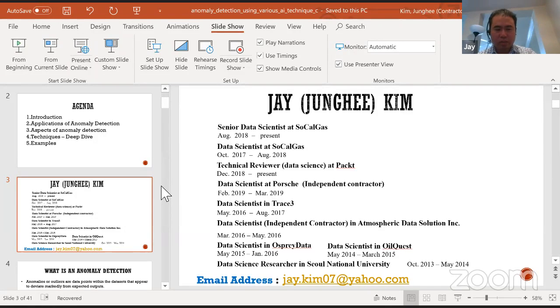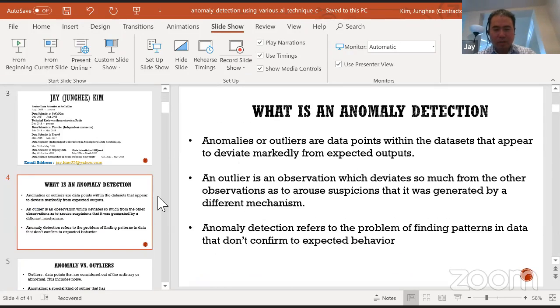One of the projects is anomaly detection, which is really difficult. But with a neural network model, I was able to manage to detect those anomalies. I will talk about the techniques a little bit later.